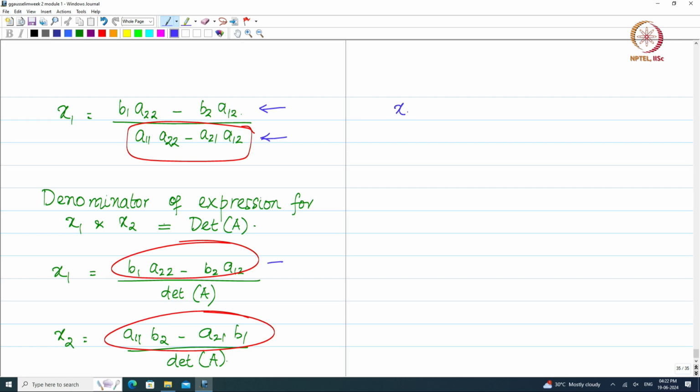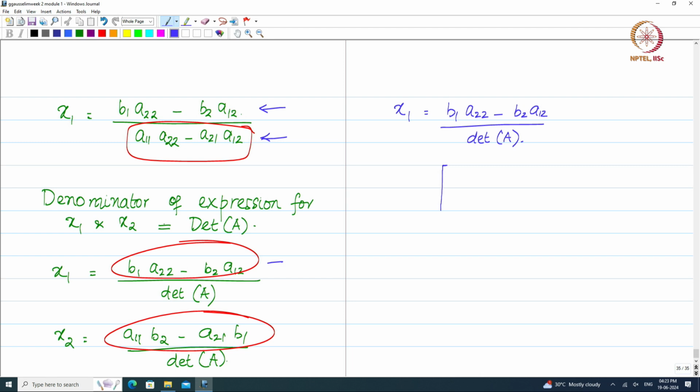So x1 is equal to b1 a22 minus b2 a12 by determinant of A. If you look at the numerator, as I said, it looks like a determinant. We know how this determinant works.